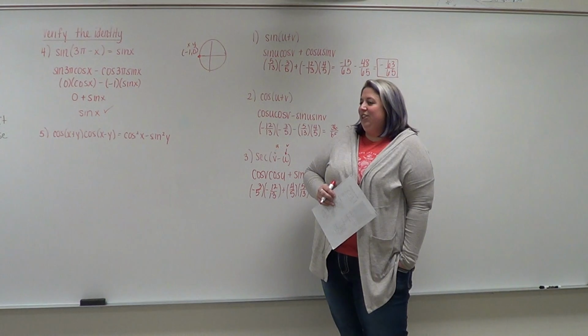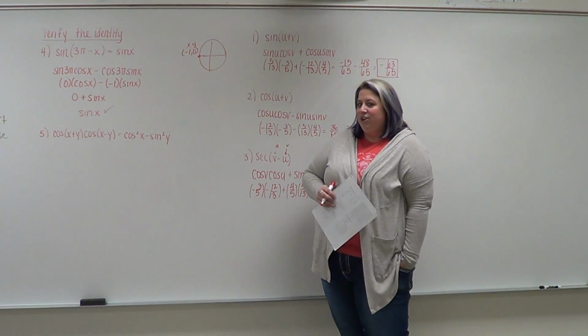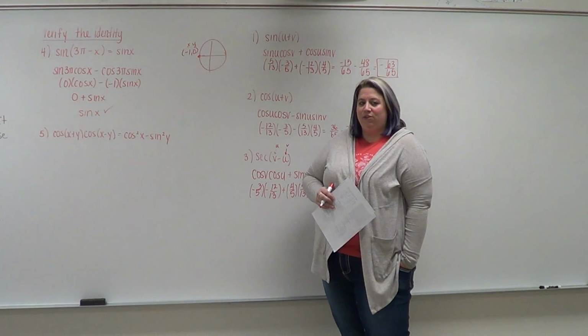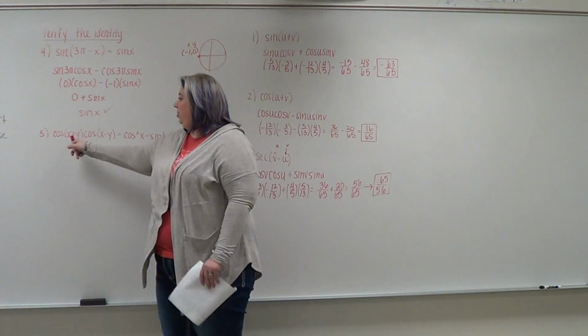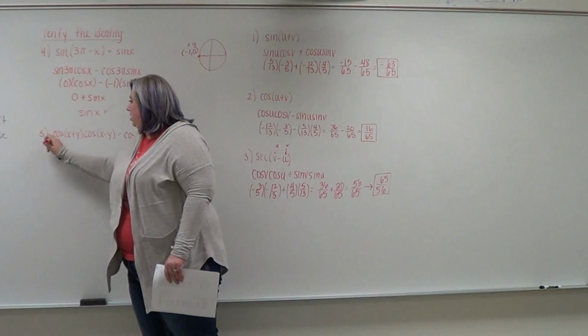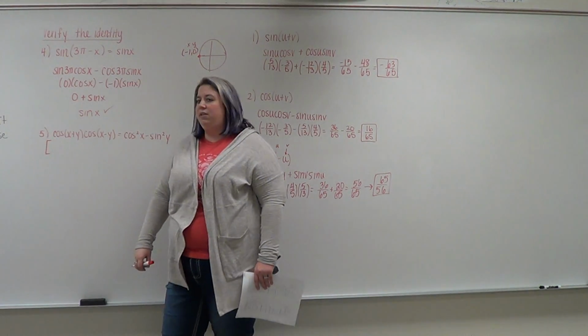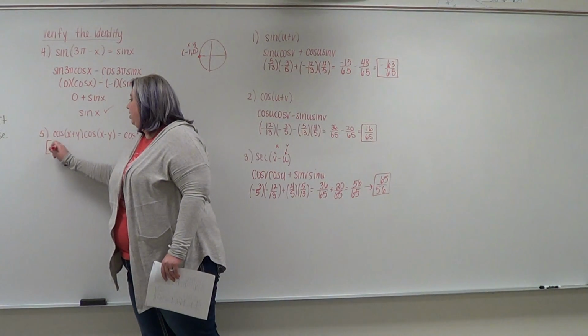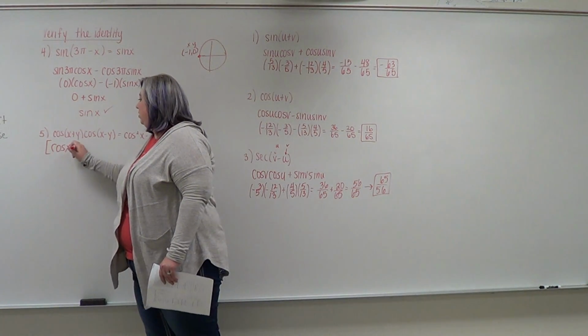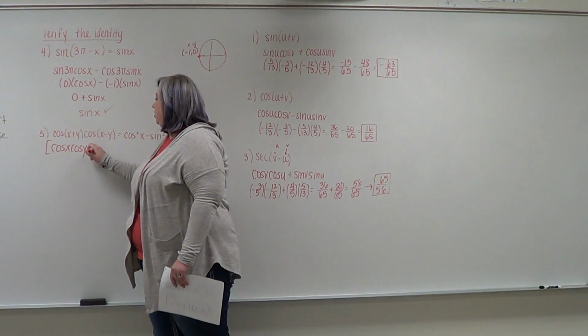Alright, so on the left-hand side on this one, you have two things that have sum and difference formulas, and then they're multiplied together. Okay, so do the adding one first. So, what would that be? Cosine x, cosine y, okay, minus sine x, sine y.